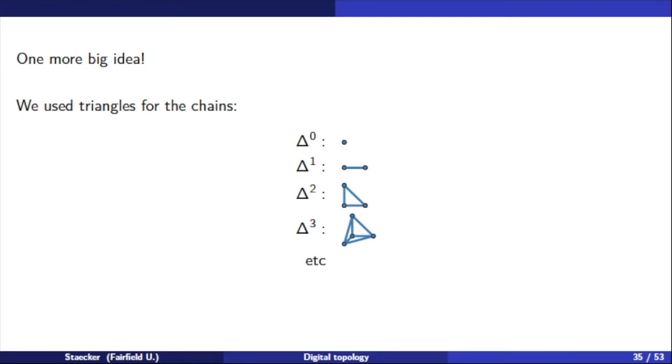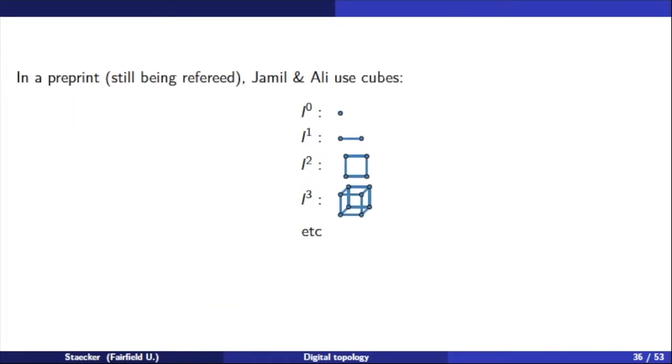One more big idea. When we did the chains here, the simplices, we used triangles, right? Recently, within the past year, this is the other idea that I didn't know about before, but has come up. This was not my idea, but some people have experimented with other shapes, not triangles, but you can do the same idea using other shapes. And here's a preprint. It's not published.